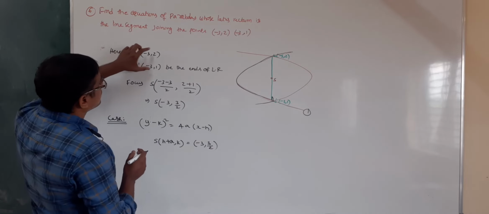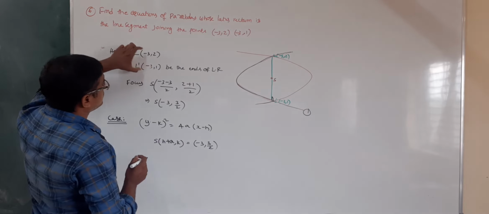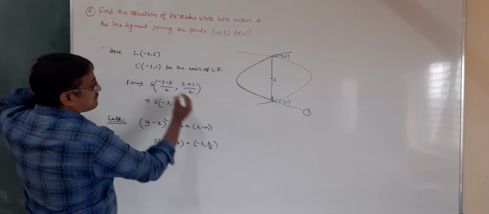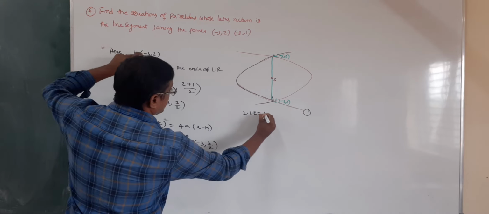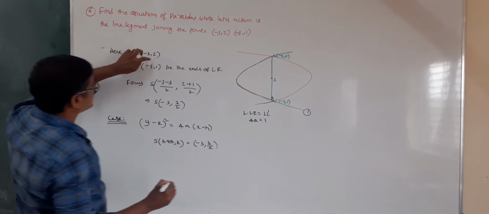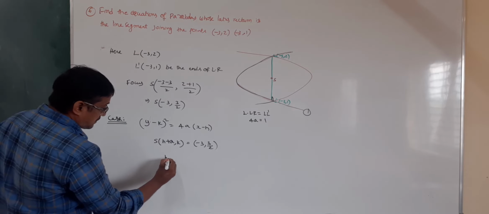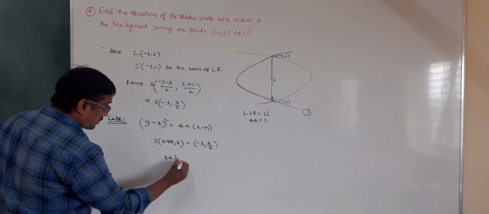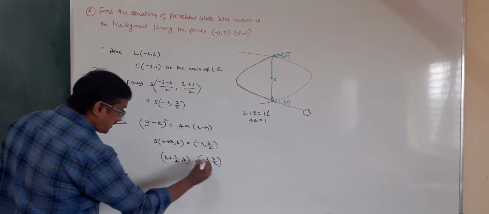We have the length of the latus rectum equal to 4a. So the length of the latus rectum, that is 4a, is equal to 1, the distance between these two points. So (h + 1/4, k) = (-3, 3/2).